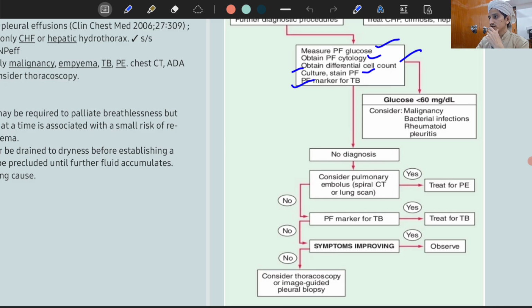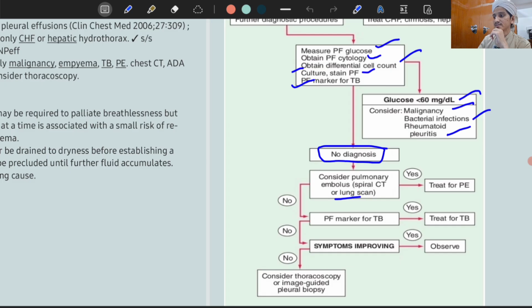Okay, so if the glucose is less than 60 milligram per deciliter, then consider malignancy, bacterial infections, and rheumatoid pleuritis as the cause. If no diagnosis is established, that is undiagnosed persistent pleural effusion, consider pulmonary embolism, do a spiral CT or lung scan.